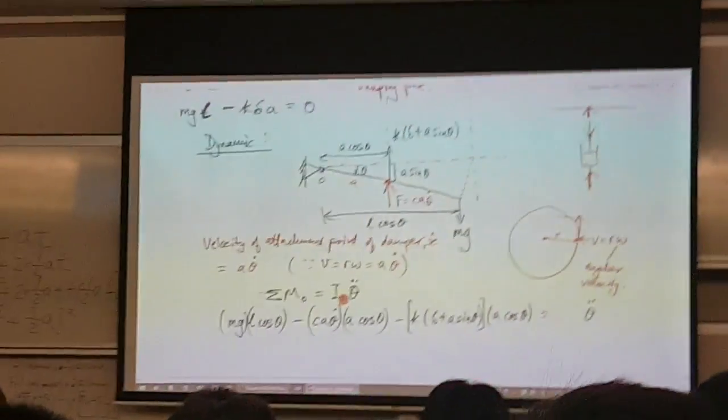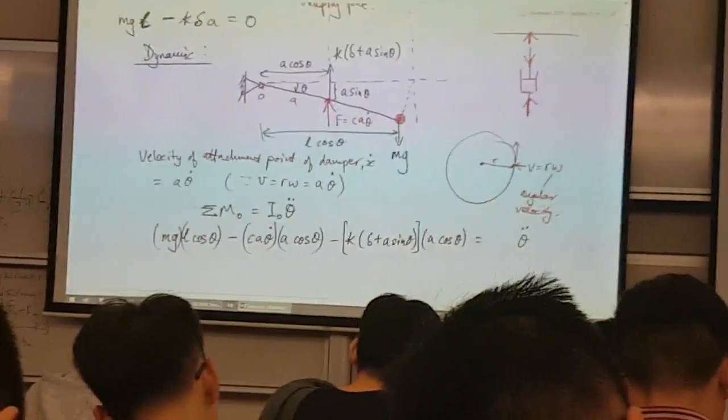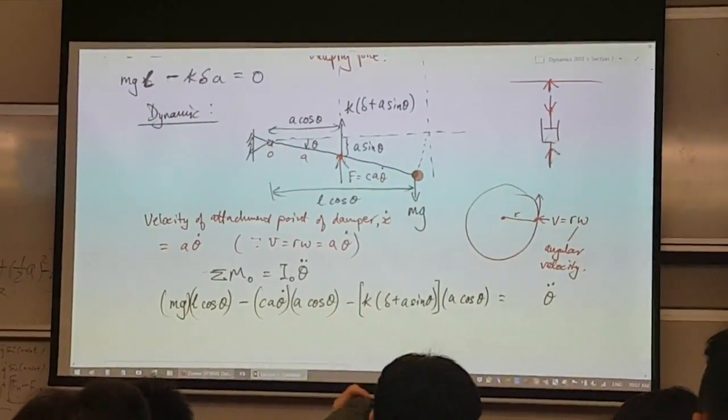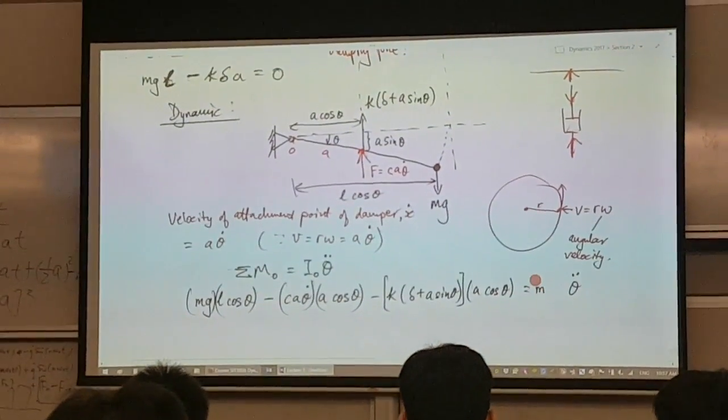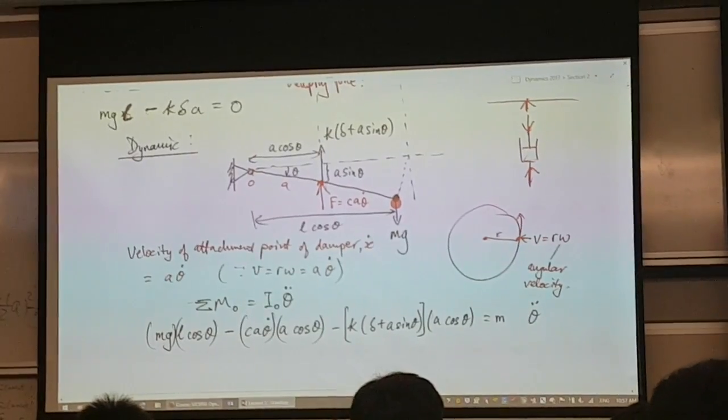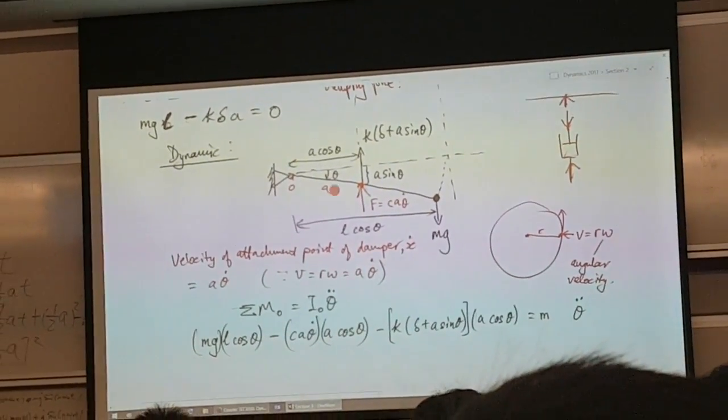This I naught over here is our moment of inertia. For a point mass, as we have seen in the previous class, it is the mass of the point mass multiplied by the distance from the pivot point, squared.